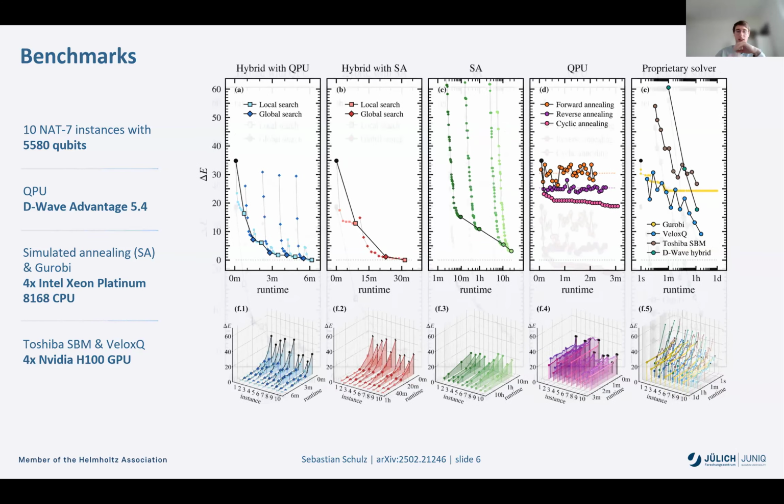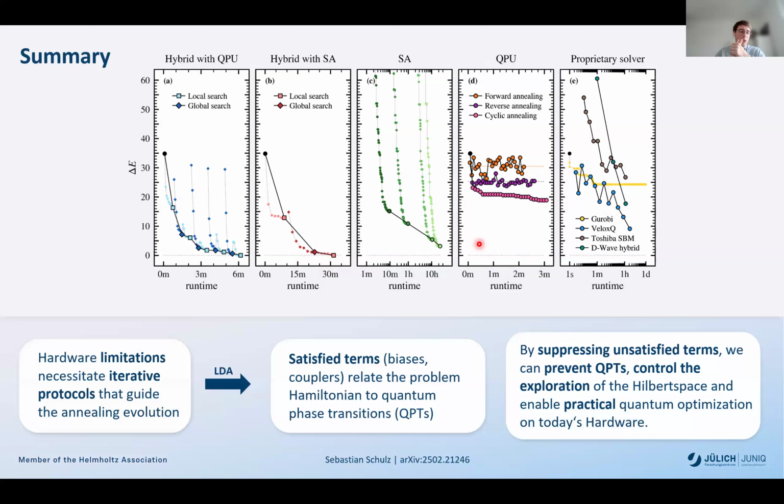With this, at the end of this presentation, what we learned is that the hardware limitations like short annealing times, limitations to the annealing schedule, the effective temperature of the chips, they necessitate iterative protocols that in some sense can guide the quantum evolution through this Hilbert space.